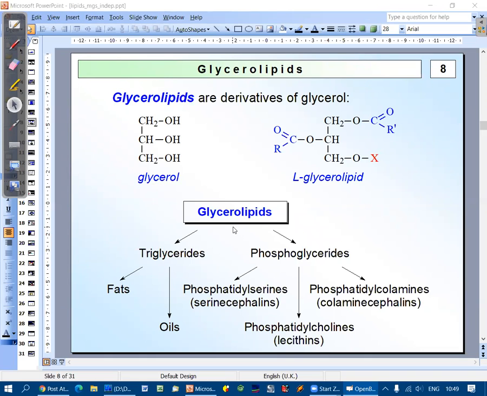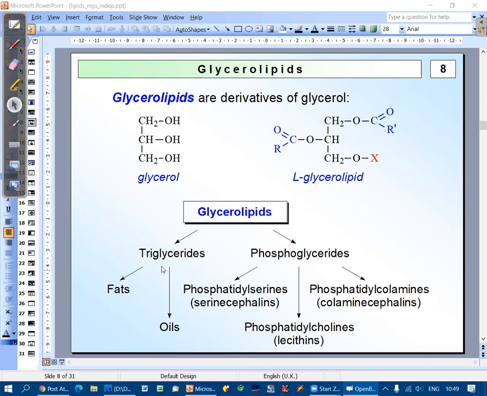And this classification does not include waxes, because in this classification, simple lipids are triglycerides only. And these are fats, I told about it, if the triglyceride contains saturated residues of fatty acids, or oils, if they are unsaturated.